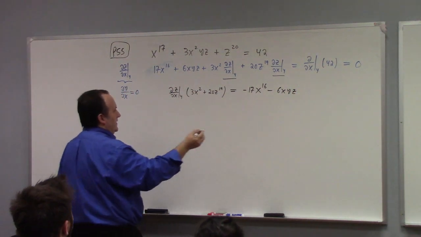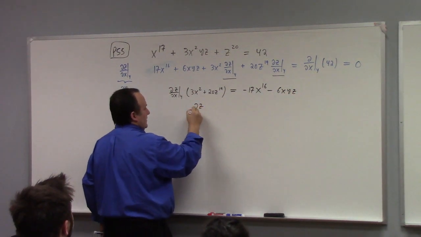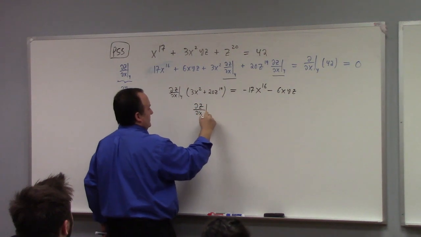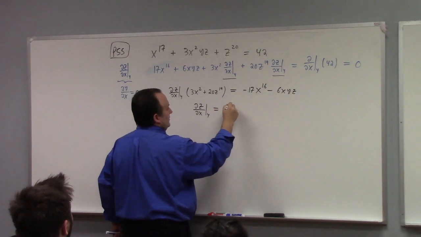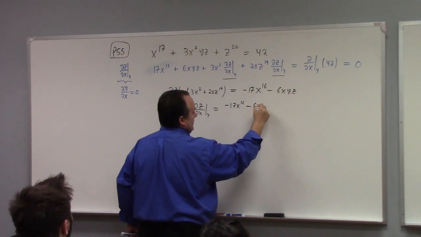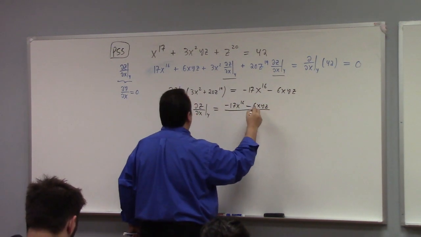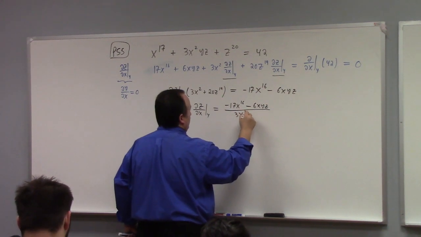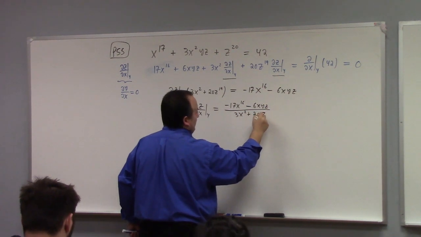I don't think so. So after all of this, I have solved for one partial derivative. It wasn't that hard, but can we do better? And I think we can.